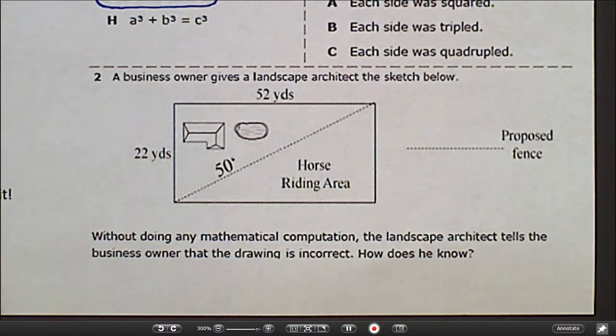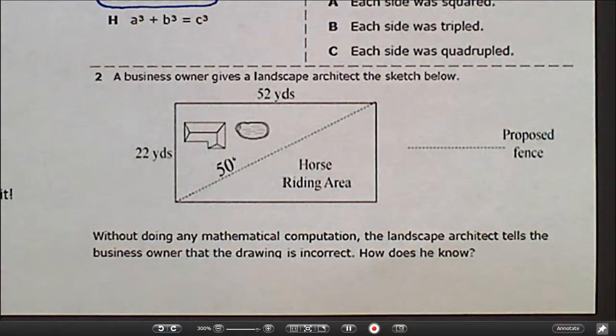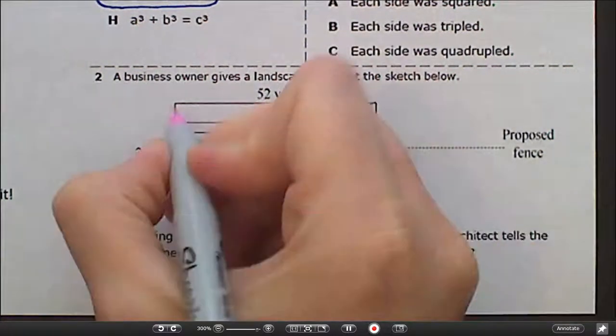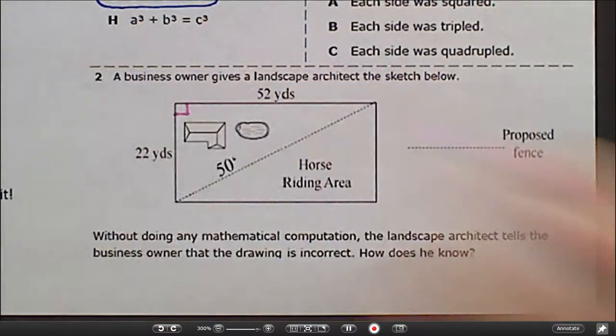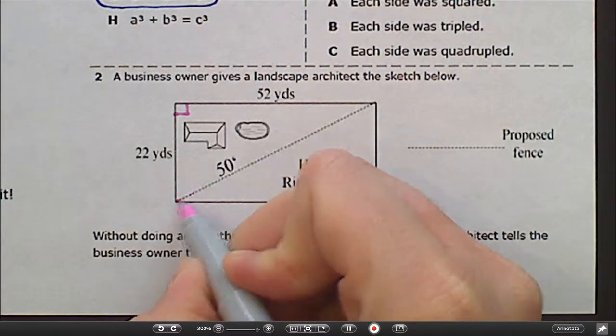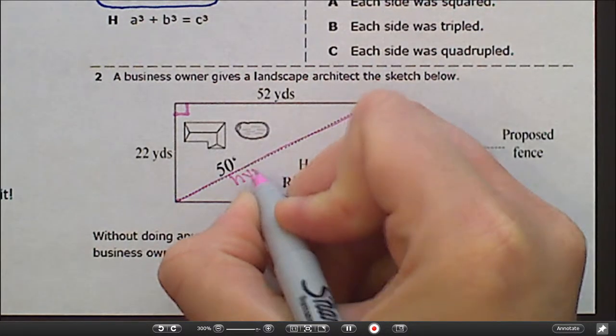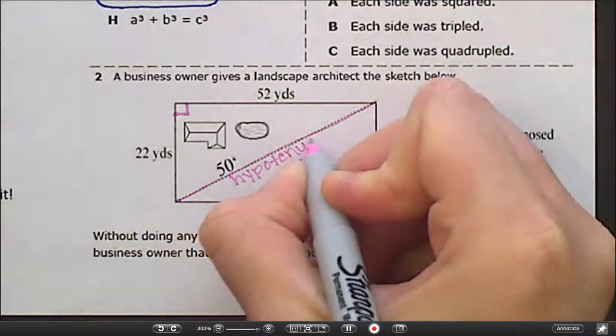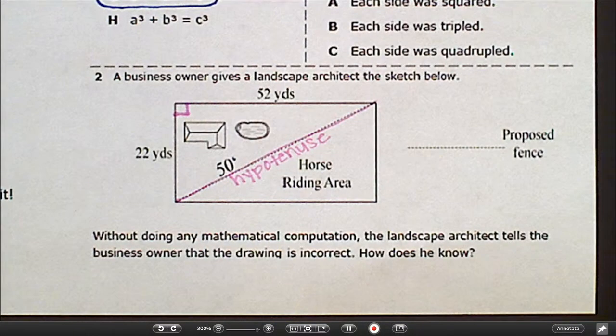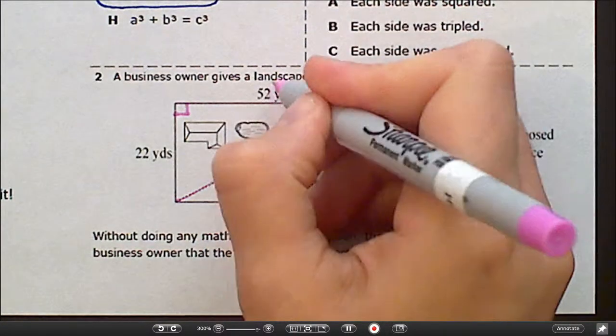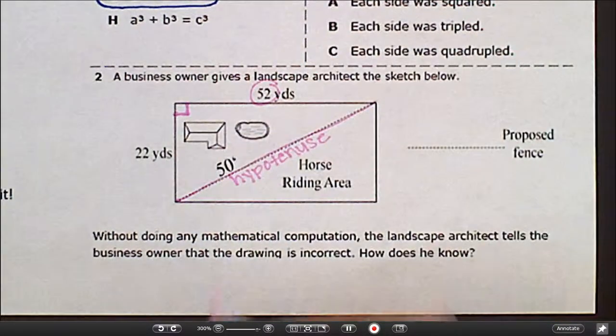Okay, hopefully everybody was able to figure out from our notes that we took up at the top here that the hypotenuse, the one that's across from the right angle, always has to be the longest side. Well, right here, this is our right angle, which means that this is the hypotenuse. And we see that it is not the longest side. 52 yards is longer than 50 yards.